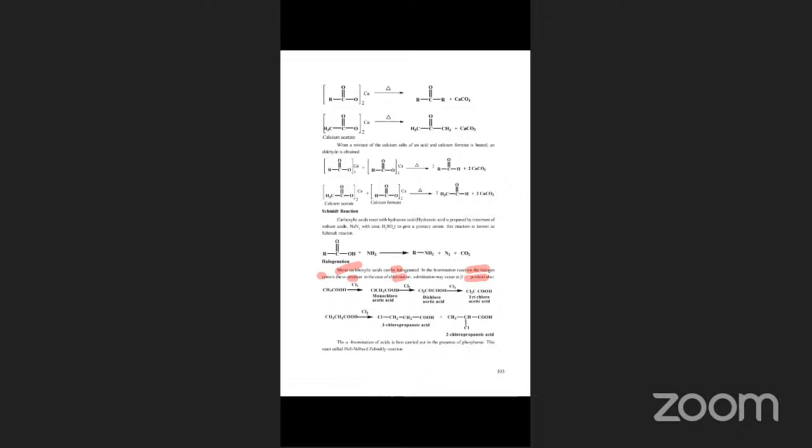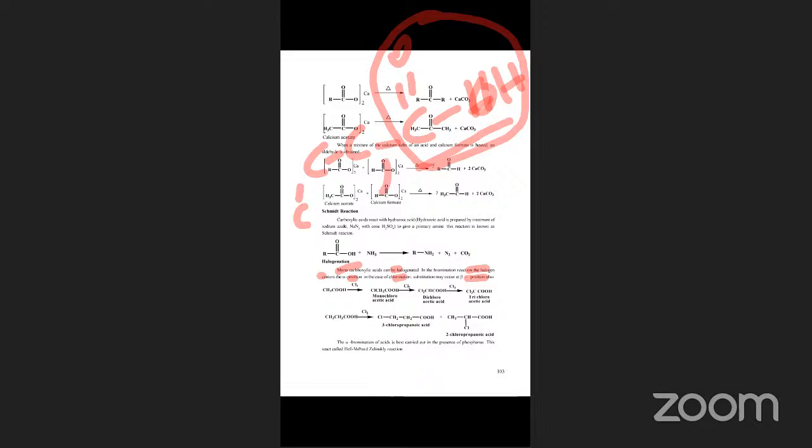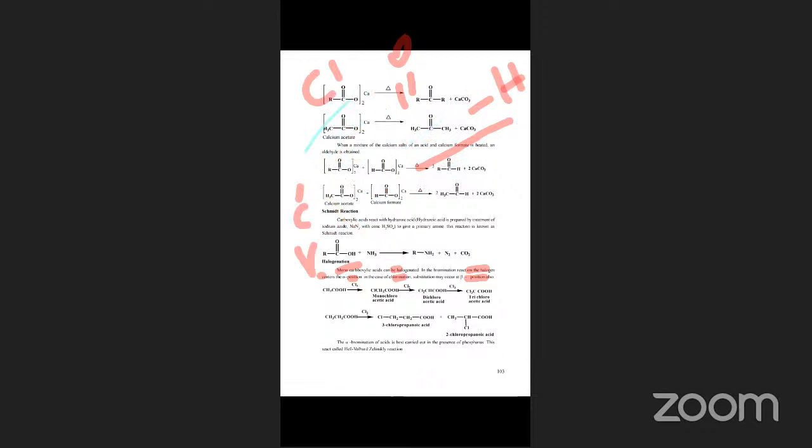This is the functional group COOH, and the adjacent carbon is the alpha carbon, then beta, then gamma. So chlorination at the alpha position.